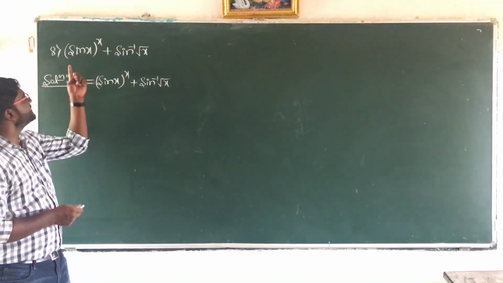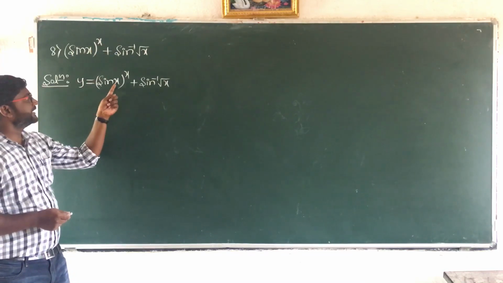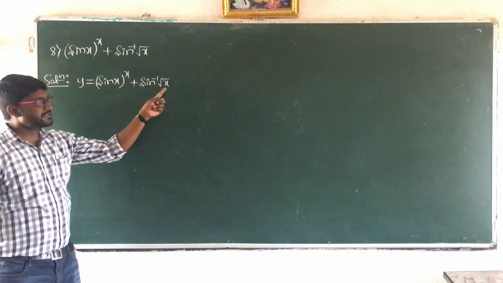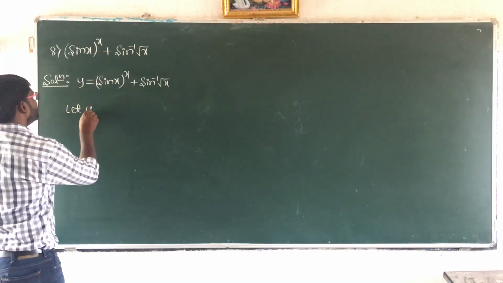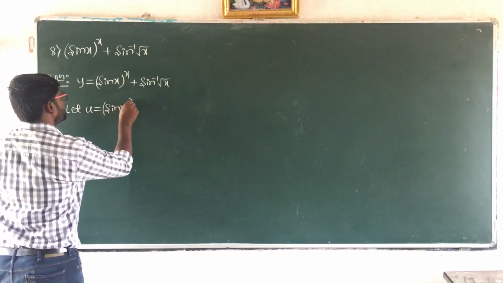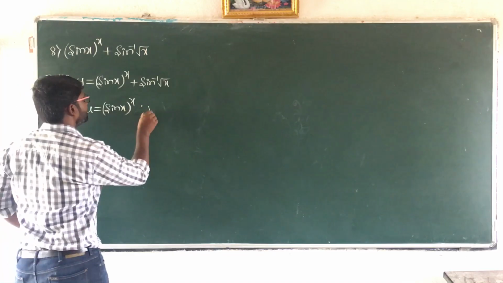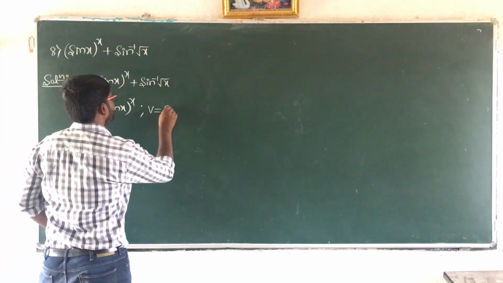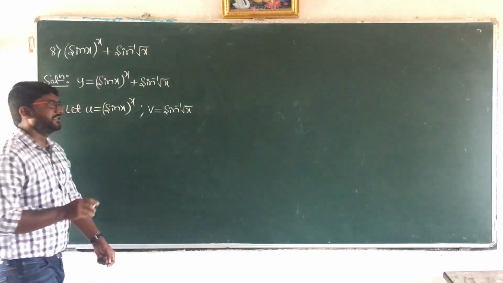The next problem, it is the 8th one. So I have considered this as y, which is equal to sin x to the power x plus sin inverse root x. Now see here, let u be equal to sin x to the power x, then v is equal to sin inverse root x.